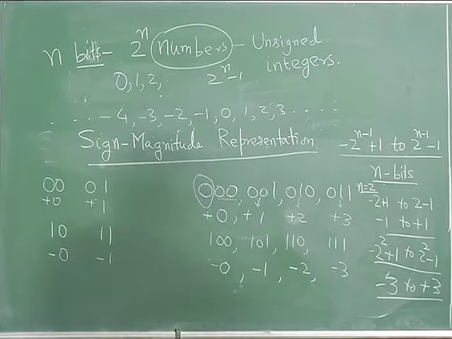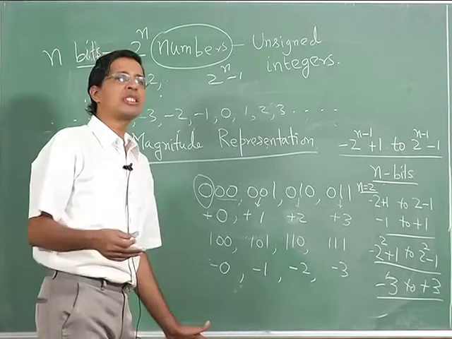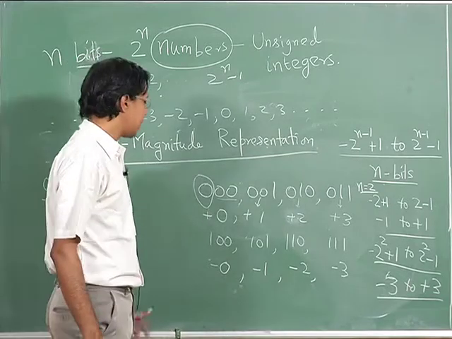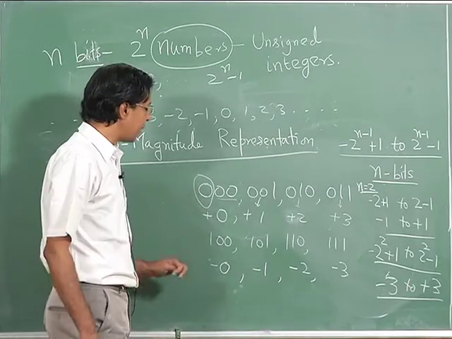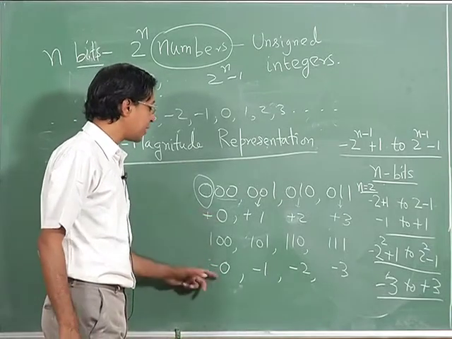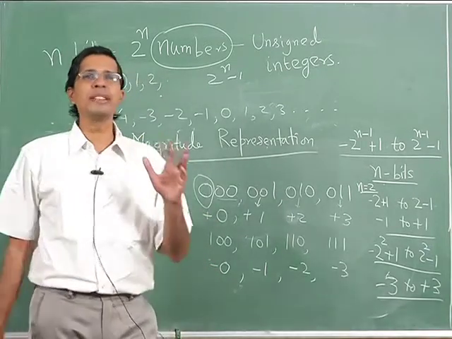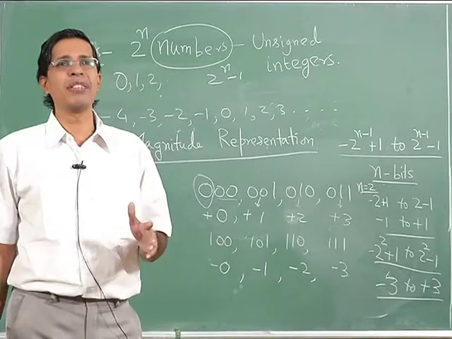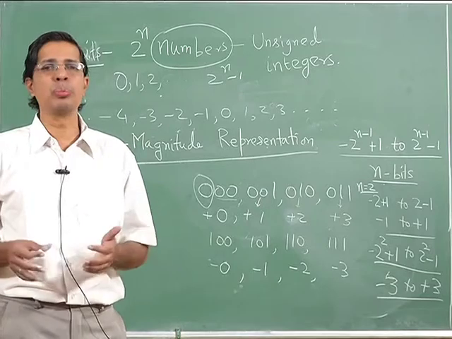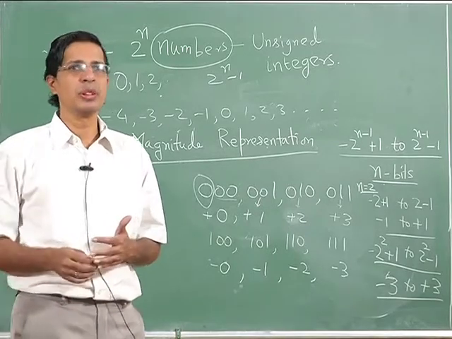So one of the obvious drawbacks of this sign magnitude representation is we are wasting something, namely plus 0 and minus 0. There is no necessity to have both, I can have only one 0. There is no necessity to have a plus 0 and a minus 0 from an arithmetic perspective, because both have the same value.